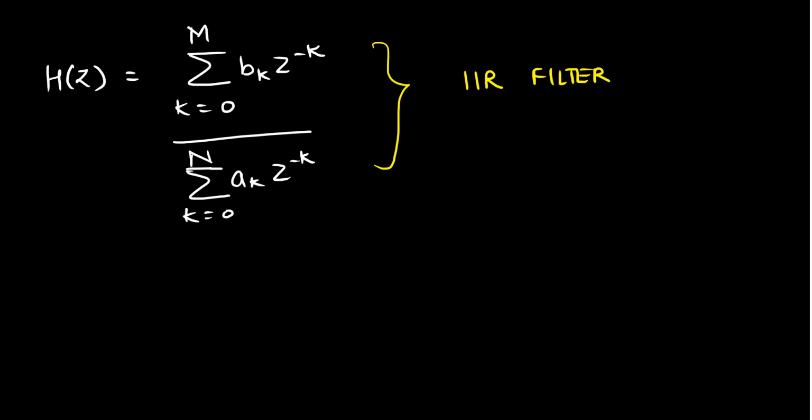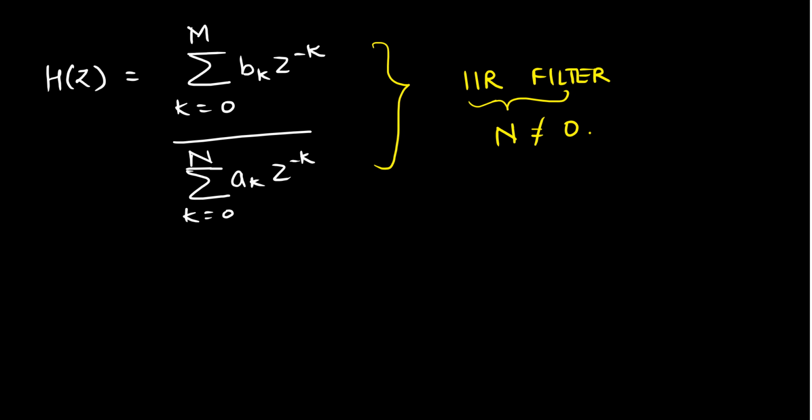In this case, for it to be an IIR filter, the value of n should not be equal to 0. When we have n equal to 0, what we are left with is the FIR filter. So now let us look one by one at the properties of this filter.